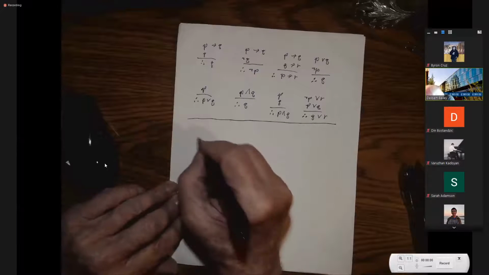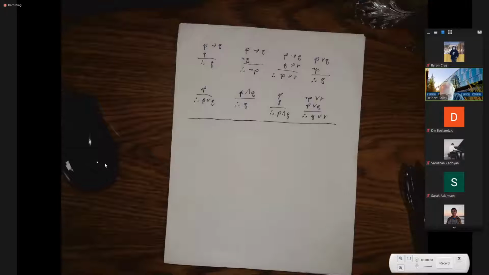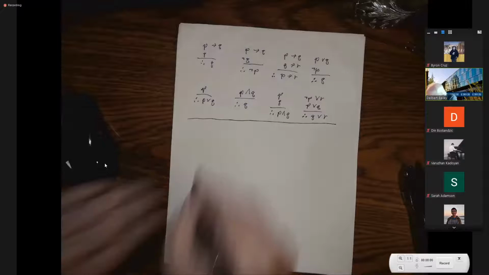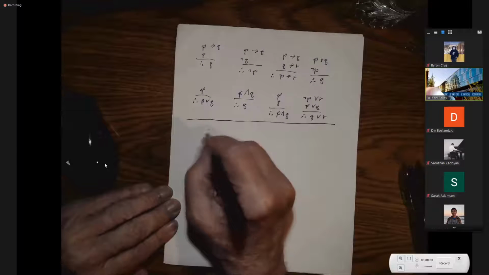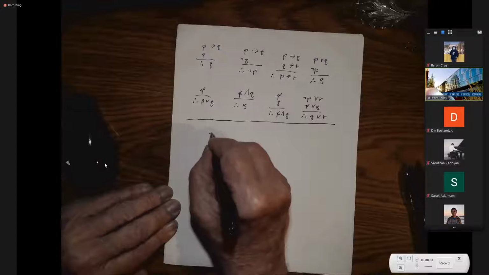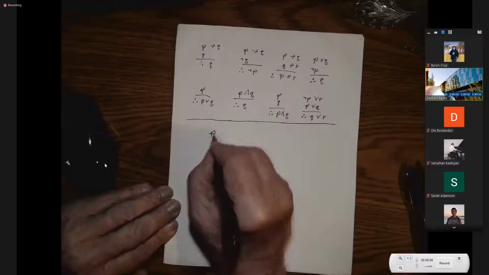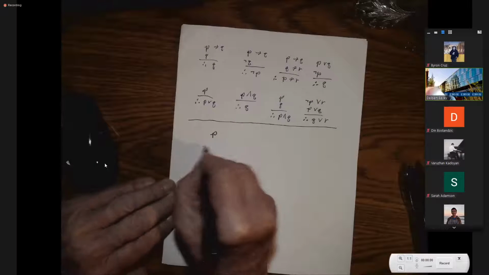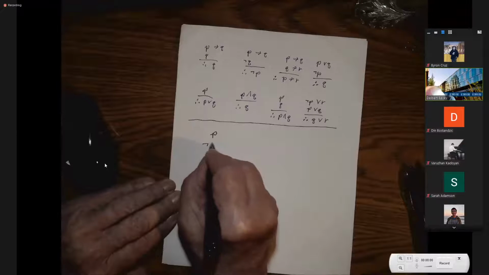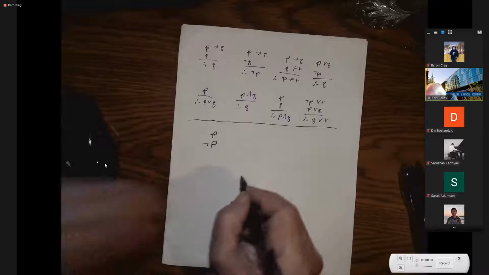Okay, so let's say you had a situation where you have a premise that P is true, and another premise is not P is true.